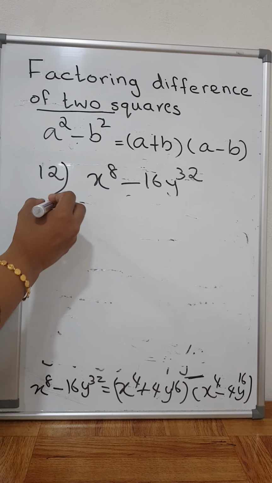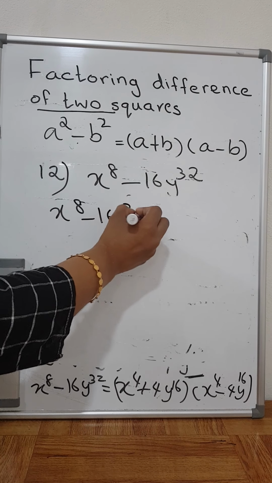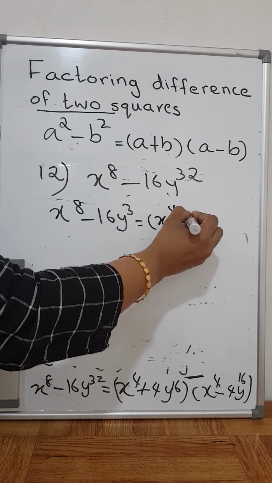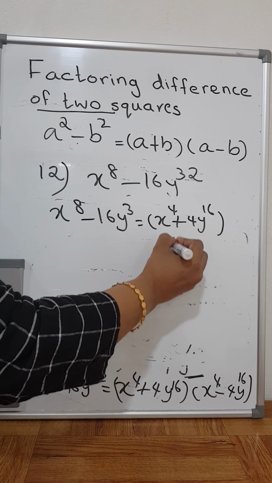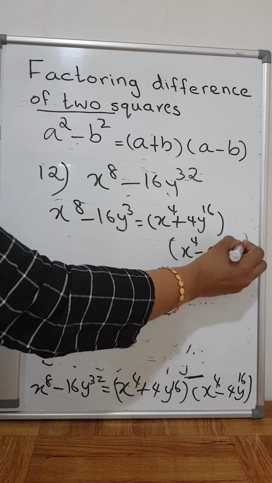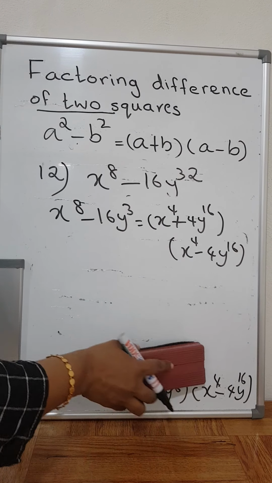So we have simplified it. x to the power 8 minus 16y cube is equal to x to the power 4 plus 4y to the power 16 times x to the power 4 minus 4y to the power 16. That's what we got from here. We can further simplify it.